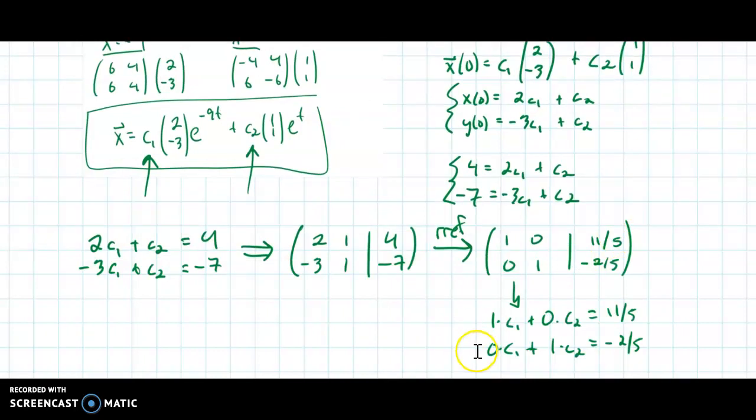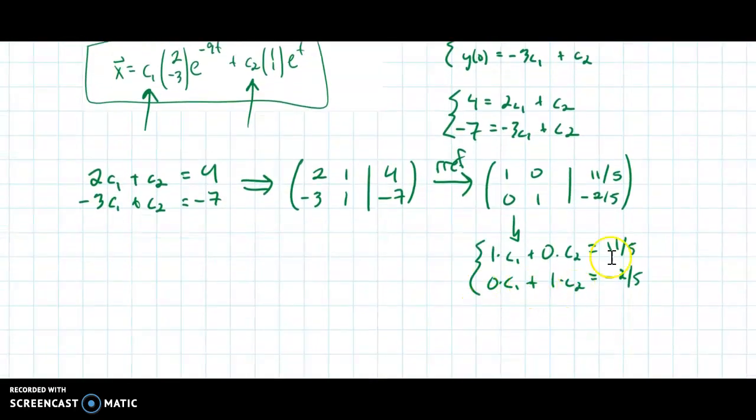Another thing this says, if I just multiply and look at it, is that C1 equals 11/5 and C2 equals negative 2/5.